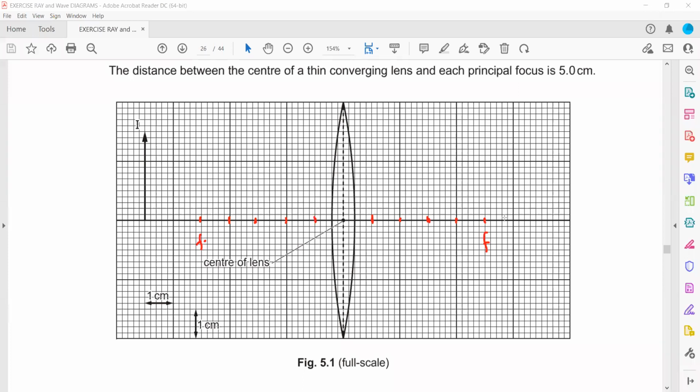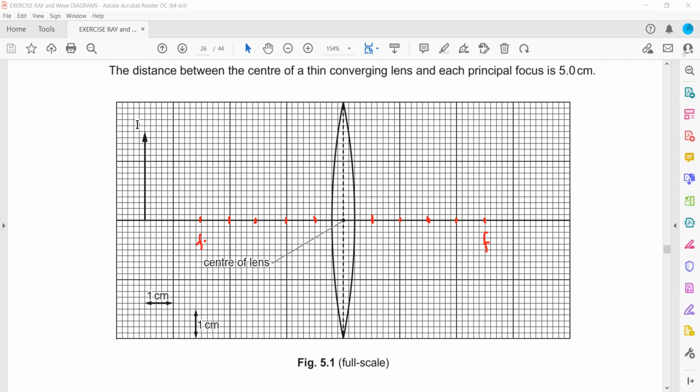So as you can see, this image appears to be upright. It means this will be a virtual image. Why will it be a virtual image? Because it appears upright. Otherwise, if it was a real image, it should be inverted. So it means the object and the image should be on the same side.